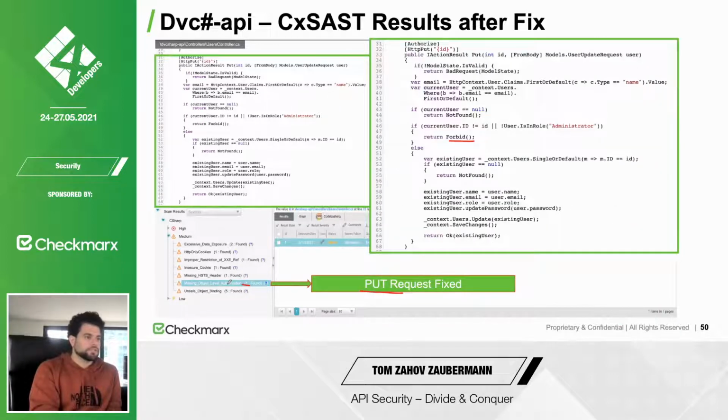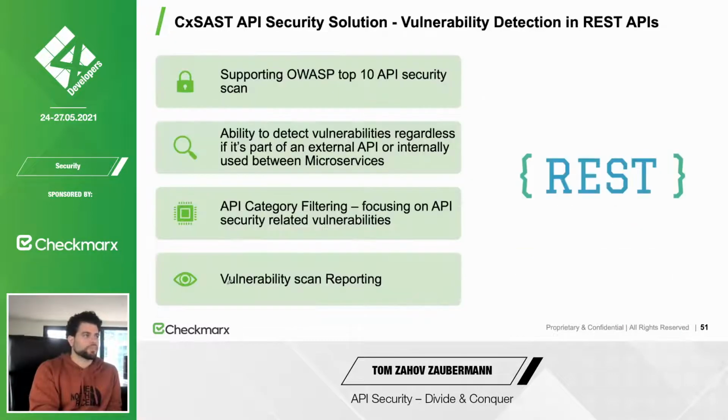And that's about it. So API security, vulnerability detection, REST APIs, that's what we spoke about right now. Supporting OWASP top 10 API security, the ability to detect vulnerabilities. It's very hard when you have so many APIs and so much code.